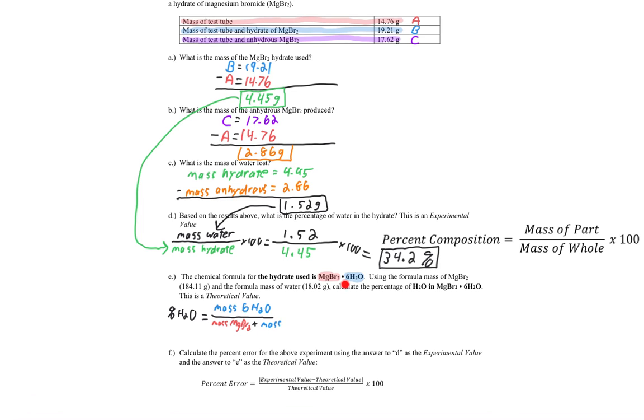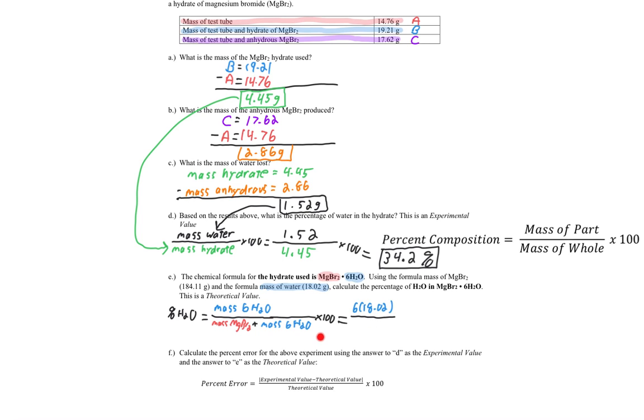That's why this dot is confusing. Do not multiply. The dot doesn't mean multiply. It means those waters are trapped. So we're adding 6 waters to it. Now, my formula mass of water is given to me in the question here. It is 18.02. So at the top of this fraction, I have 6 times 18.02.